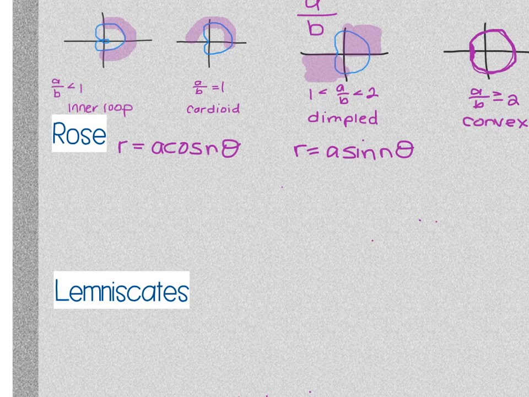A lemniscate also has a number in between there, but the lemniscate has r squared. A rose is r to the first, and then a cosine n theta or a sine n theta. So right away you'd be able to identify that it's a rose. And then the second question, if it's a rose, is how many petals does it have?